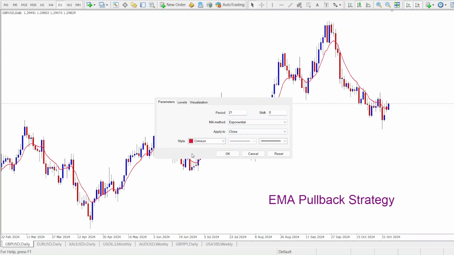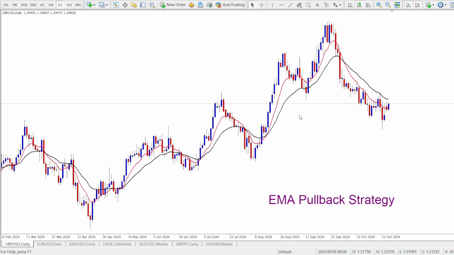I'm just going to change the color for easy identification. The shorter EMA reacts faster to price changes, while the longer EMA gives you a clearer picture of the overall trend.